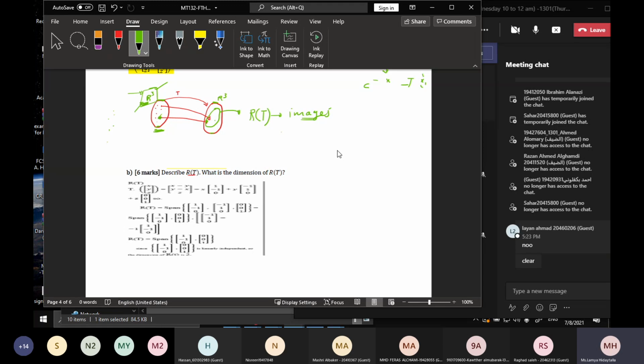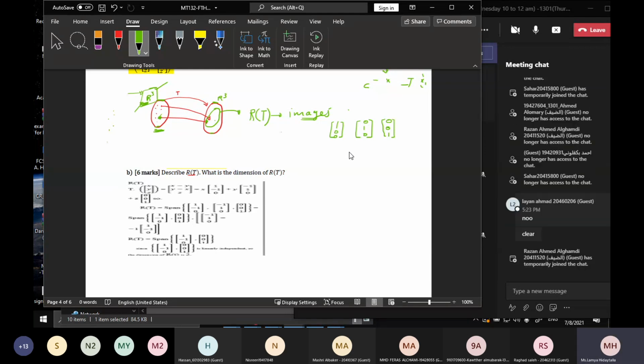In particular, what we knew is that 1 0 0, the second vector 0 1 0, and the vector 0 0 1, it's clear they are linearly independent. If you find the determinant for this, you will find that it is not equal to 0, so it's linearly independent.